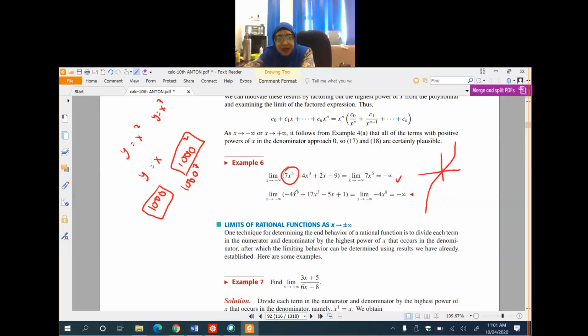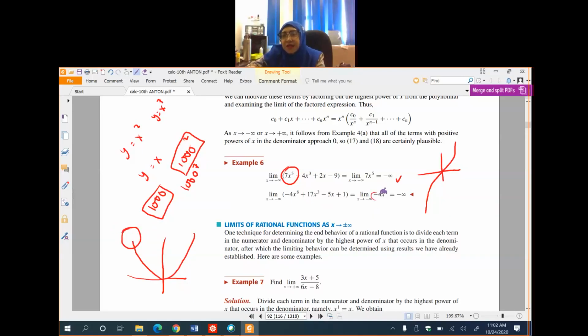Then for this one, x to the power of 8 is the highest order. The graph will look like this. As x tends to negative infinity, it will be this side, so it will be positive infinity.